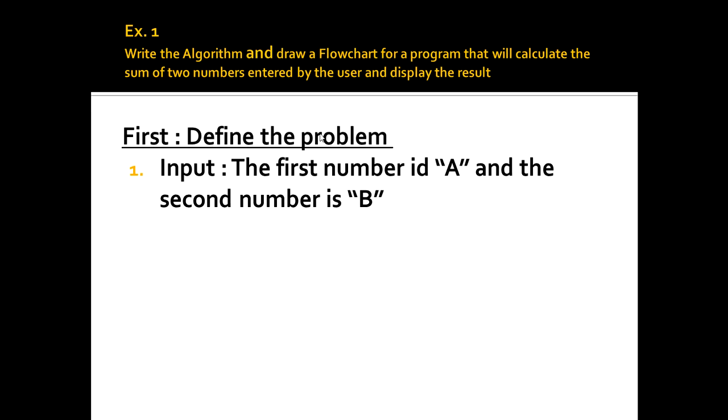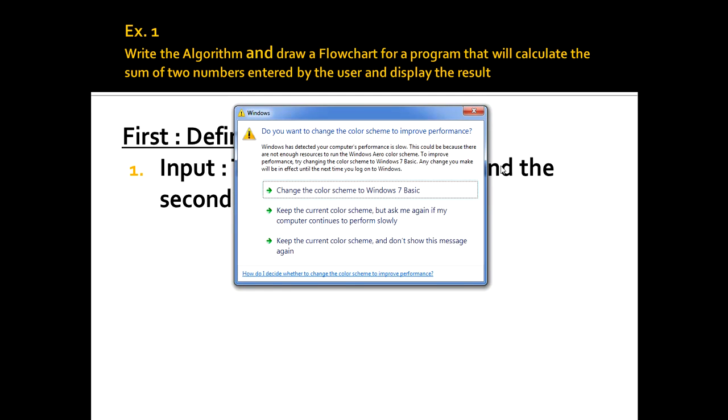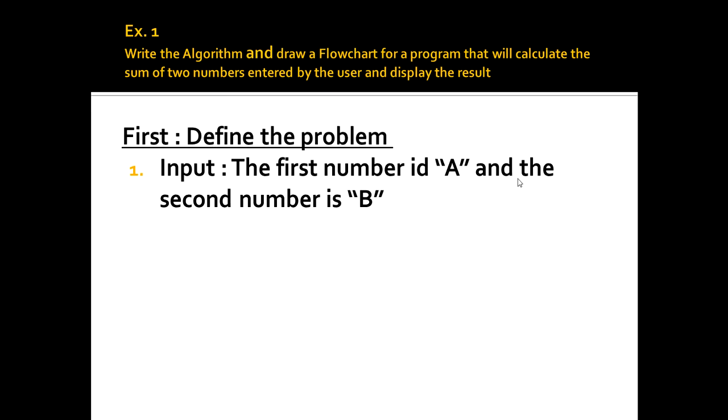We're going to say the first one will be A, the second one will be B. You may change the variable names as you like; they may be Y, Z, any 2 variables. So I identify my input by giving the first one the variable A and the second one the variable B.